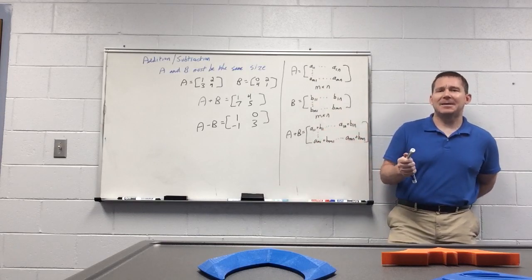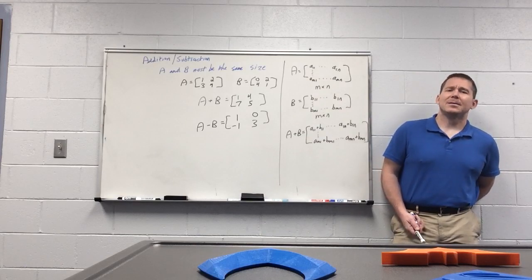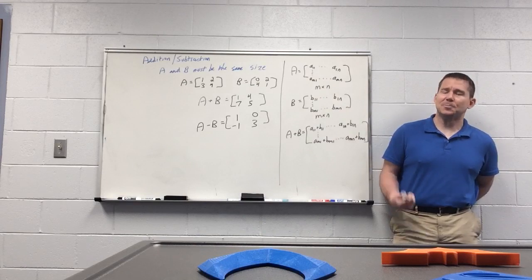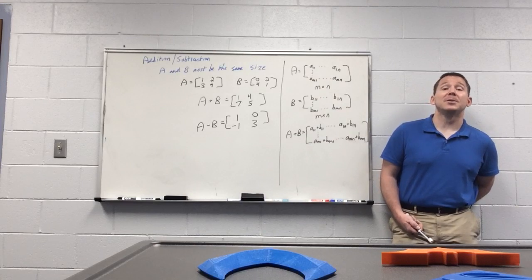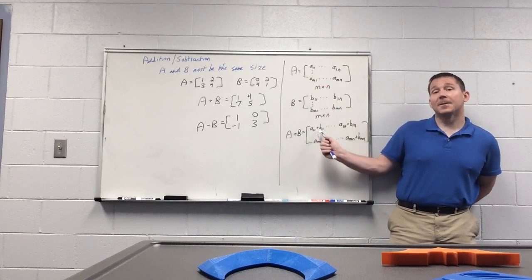If it helps, and you'll see this with your homework, what about commutativity? In real numbers, addition is commutative. 2 plus 1 is the same as 1 plus 2. Would matrix addition be commutative? Well, that's A plus B right here.